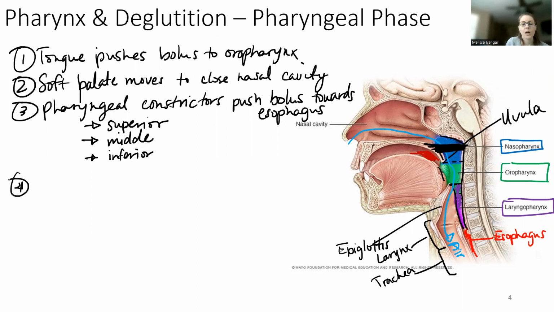Okay. Another thing that has to happen is you're going to have all of these neck muscles here, the suprahyoid and infrahyoid muscles. Really, you're going to have your suprahyoid muscles. Those suprahyoid muscles are going to help us push our epiglottis down.